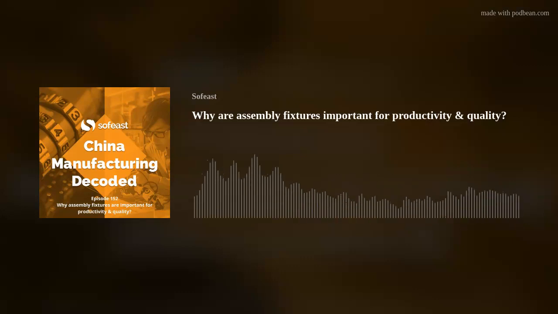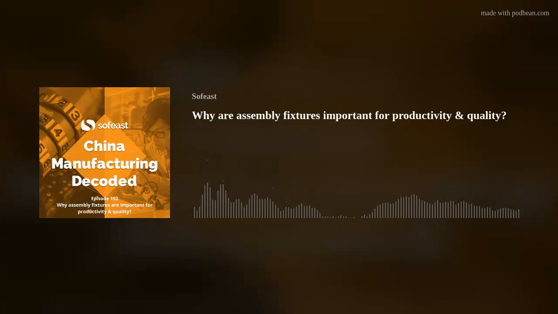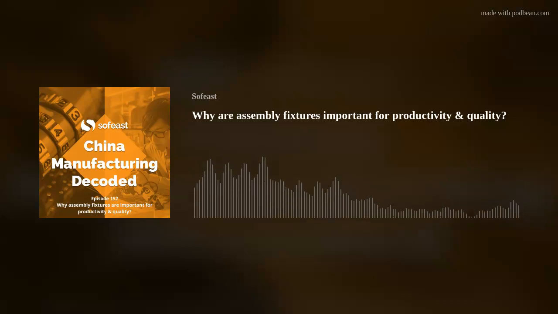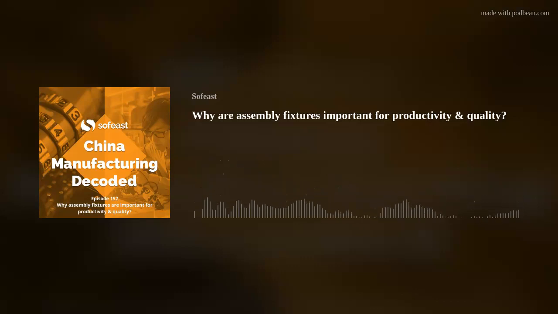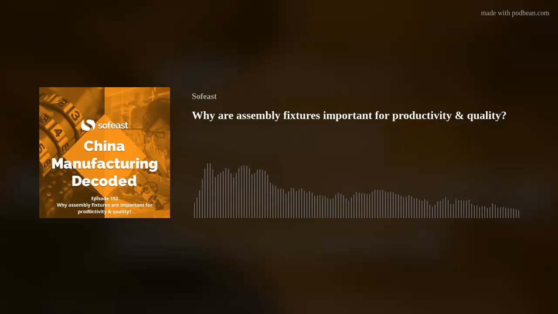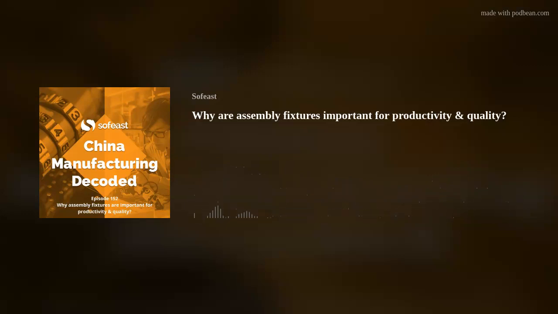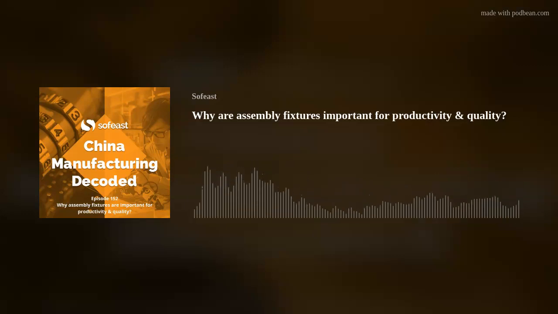Yeah, talking about furniture assembly, especially wood furniture, there's a lot of drilling, right? And very common, when you drill, you have a fixture to keep the part in place, and then the drill bit goes into it. So the fixture is already there.